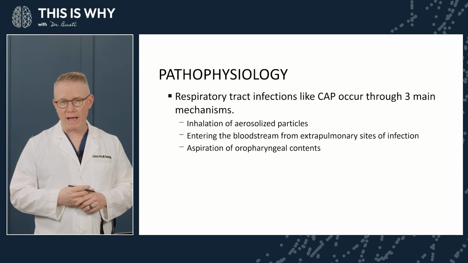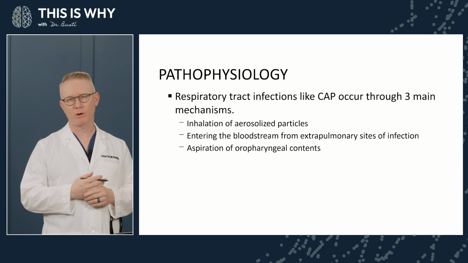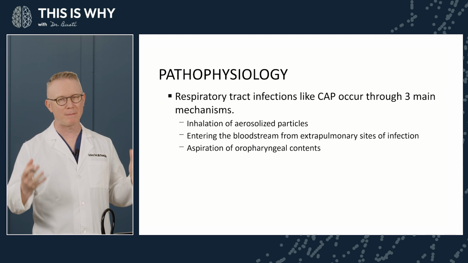Okay, let's now dive into the pathophysiology, giving consideration not only to how people get exposed and how it gets into the lung, but also what some of those organisms are. Respiratory tract infections like community-acquired pneumonia occur through three main mechanisms.